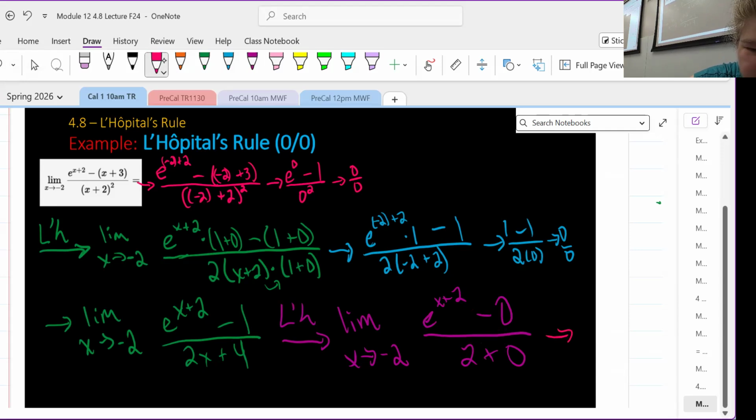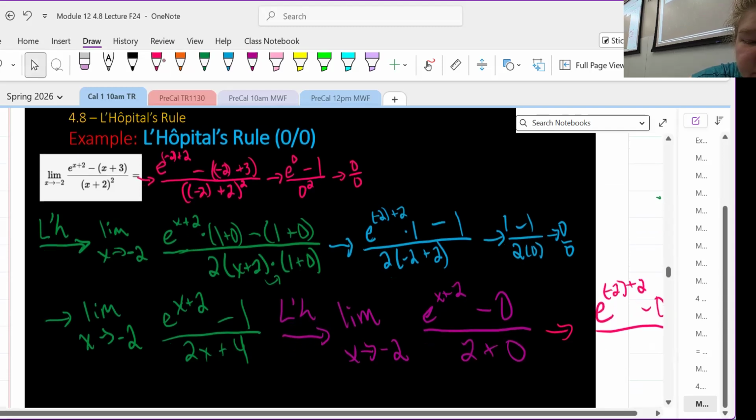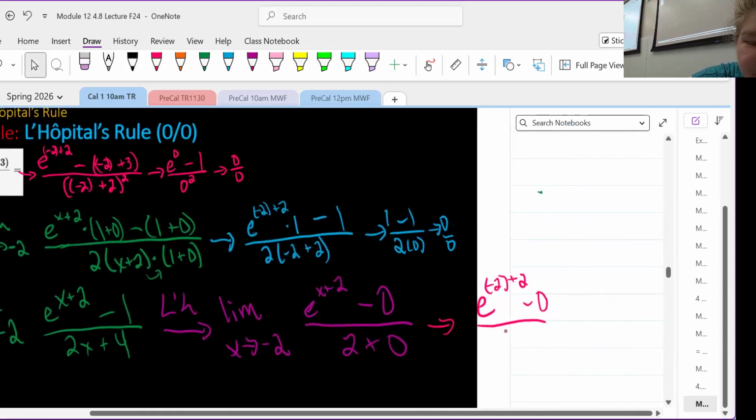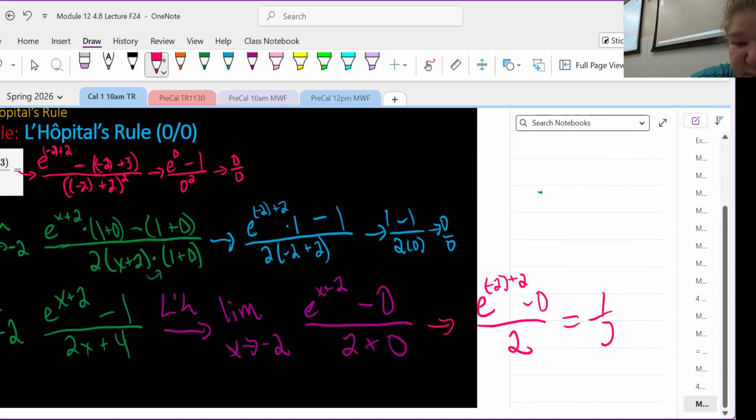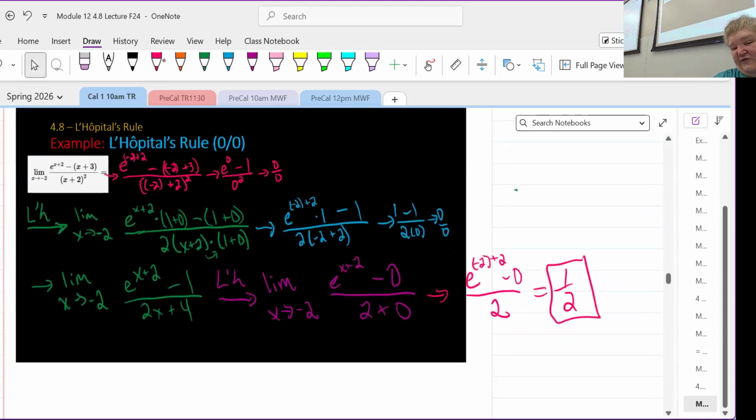Now when I substitute in, I should actually get values. So we have e to the negative 2 plus 2 again. So that ends up being e to the 0, which is 1, over 2. So a whole lot of work to get 1/2.